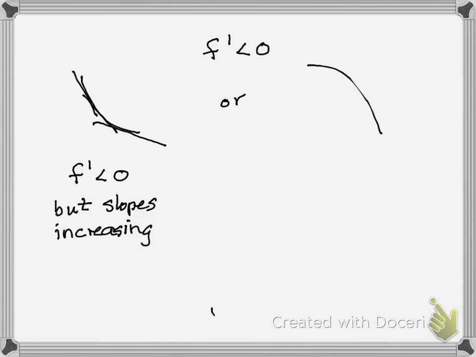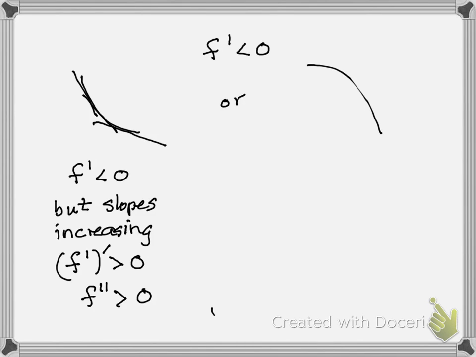These are negative numbers that are getting closer to 0, so they're flattening out. So those slopes are increasing as numbers. So the slopes are increasing tells us that the second derivative is positive.